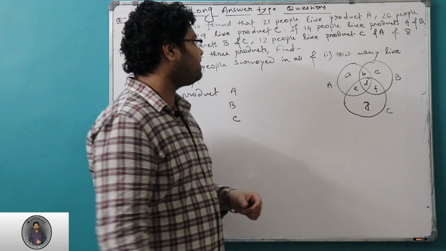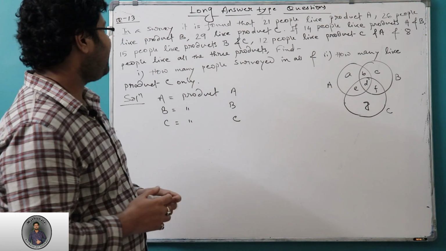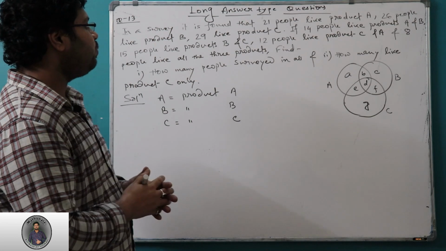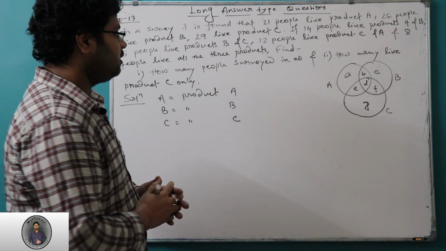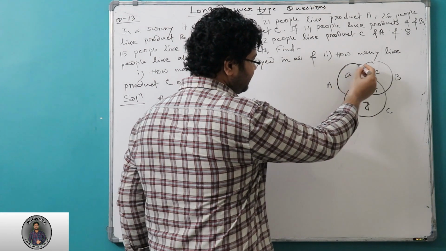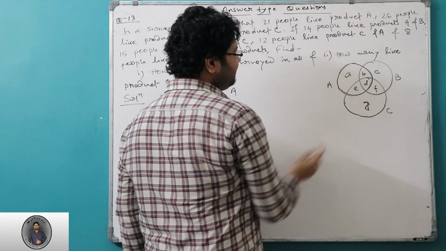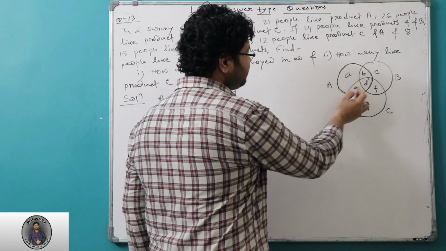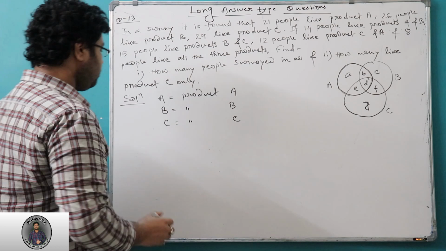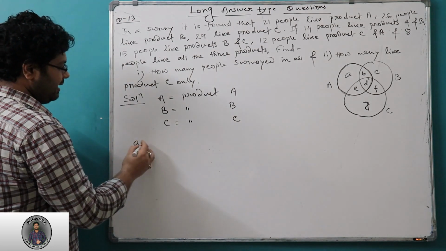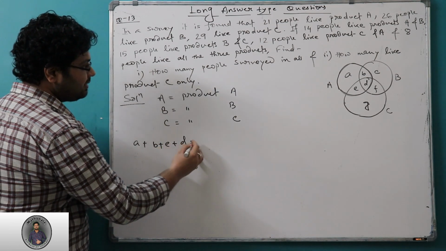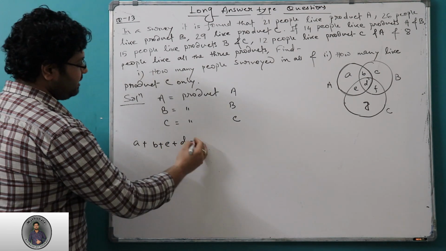Now what is given in that question? The first thing, in a survey it is found that 21 people like product A. So product A means this is the whole set, and there are 4 partitions of that set, that is A, B, E, and D. So it is given that A plus B plus E plus D equals 21.